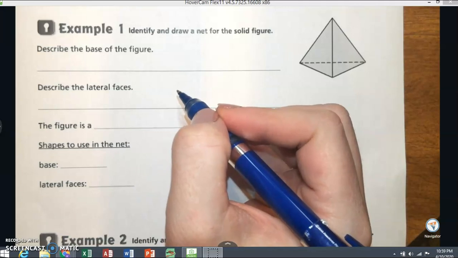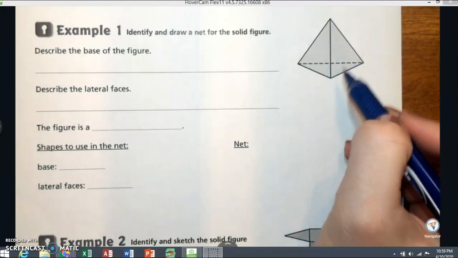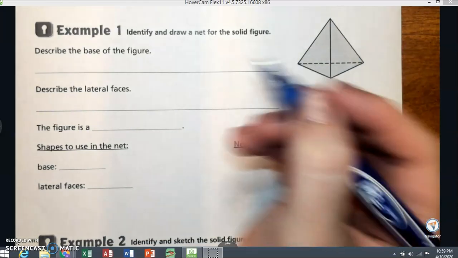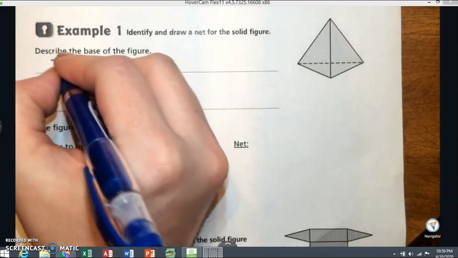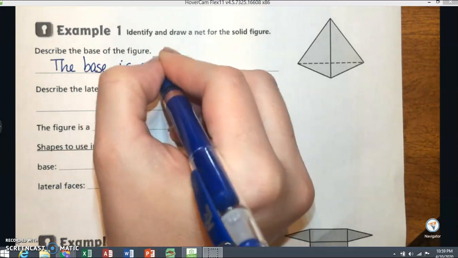Alright, so for this example, we're going to identify and draw a net for the solid figure. So if we're looking at this, here's our point, which means this down here is our base. And we can see that our base is in the shape of a triangle. So the base is a triangle.